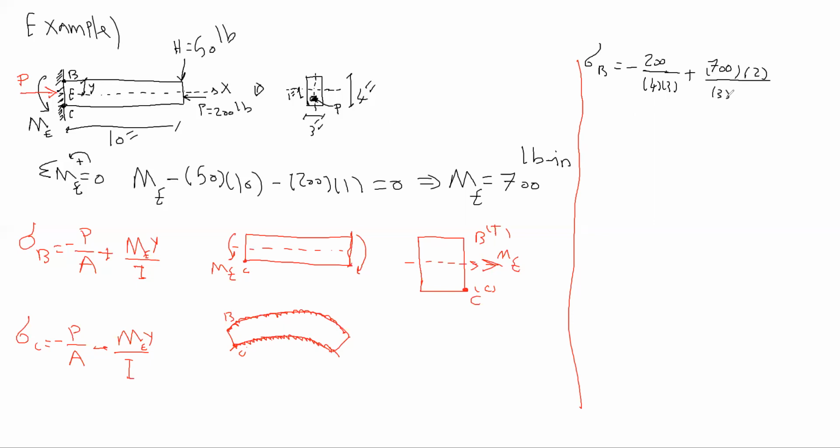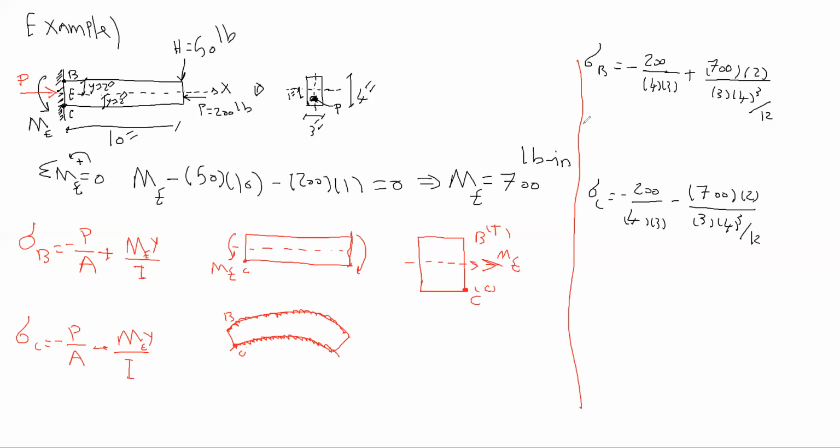Let me write I here: b h cubed divided by 12. Again y is 2 inch, because it's half of 4 inch. The moment of inertia would be the same.